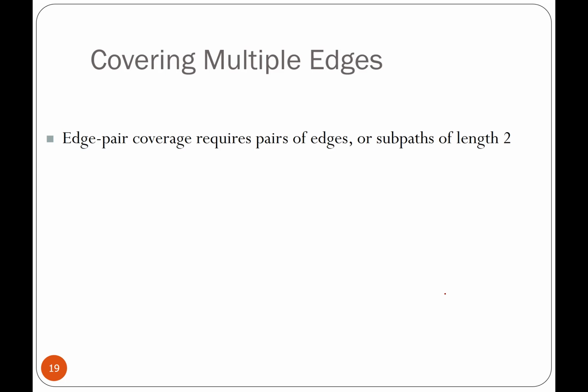Okay, so when we said edge coverage, we were talking just edges of one. Okay, next up is edge pair coverage. Okay, so edge pair coverage is coverage of length of two. All right, and you'll see that length of two would require more test cases than edge of one.